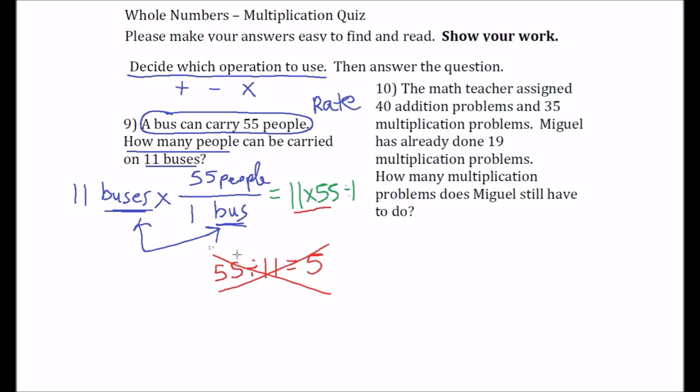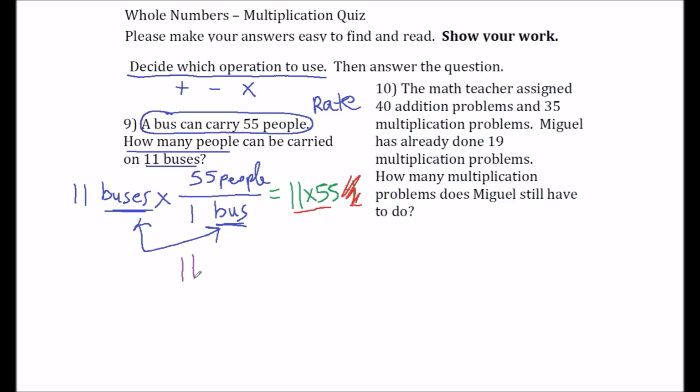So let's get rid of that. Again, with the dividing by 1, that's not going to change it. If it was 2 buses can carry 55 people, or 5 buses or something like that, it'd be divided by 5 or divided by 2, and that we would have to do. But because dividing by 1, you're going to get the exact same result, kind of like when you multiply. So let's do the work now.